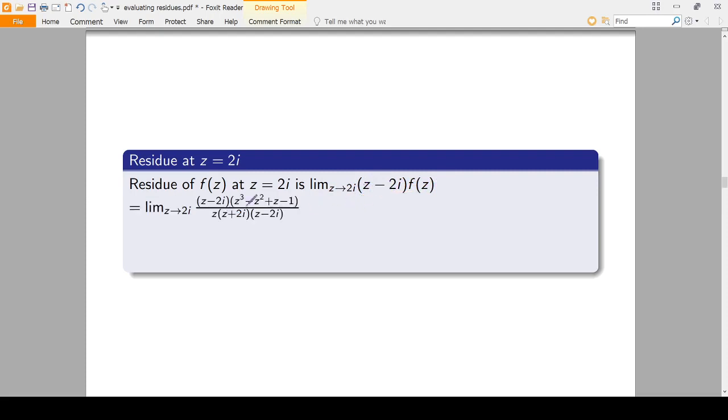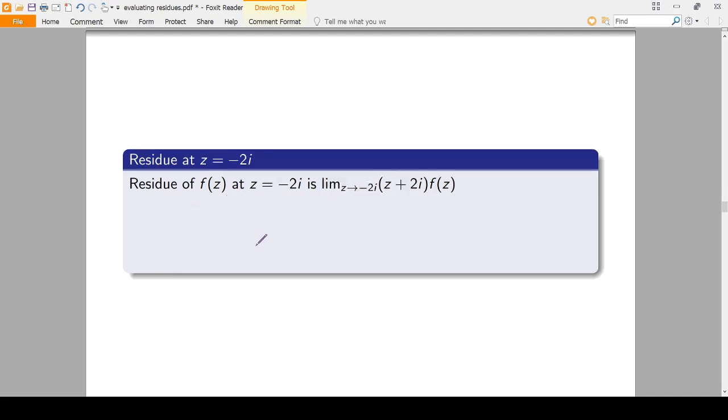And when I do it, z minus 2i gets cancelled. And now when I allow z tending to 2i, I get the value as 6i minus 3 whole divided by 8.